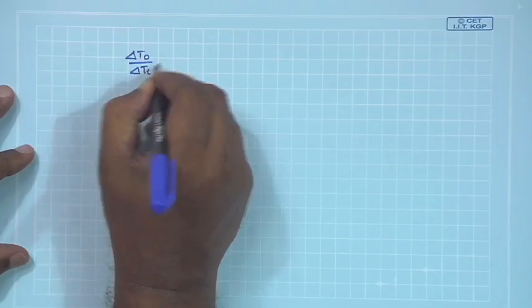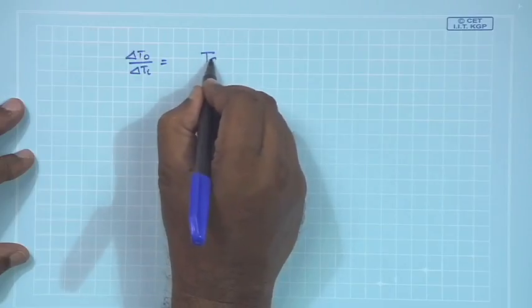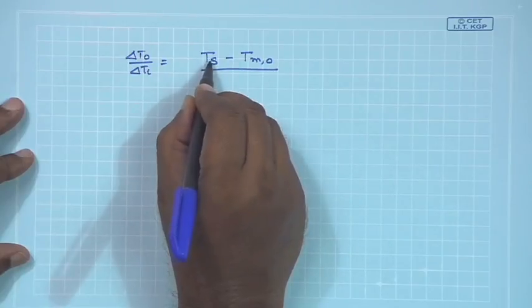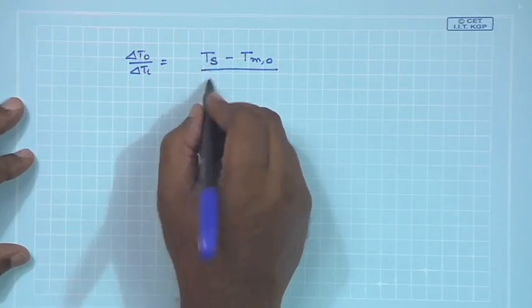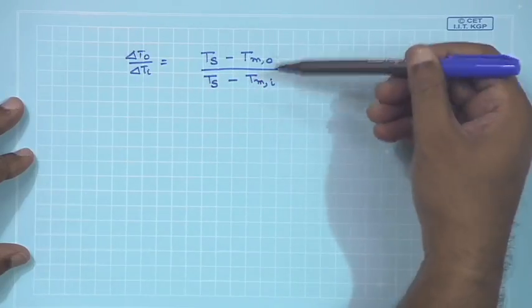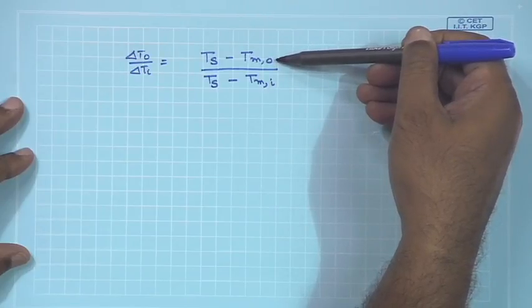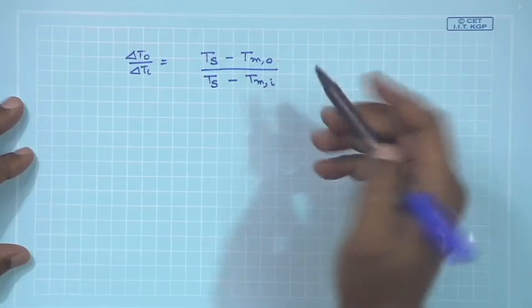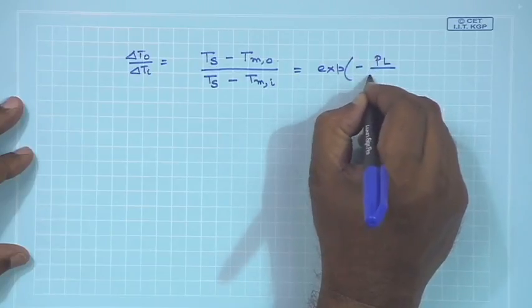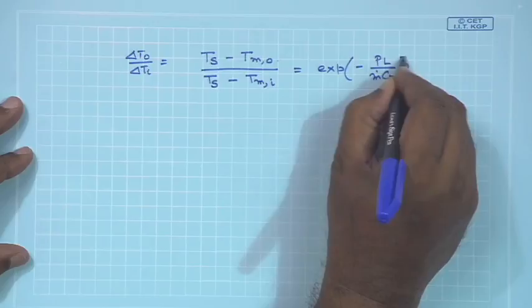Delta T 0 by delta T I, which by definition is T s minus T m at the outlet, where T s is the constant surface temperature, and delta T I is T s minus T m at the inlet. So, this is the temperature difference between the flowing fluid and the tube wall at the outlet and at the inlet. This is simply going to be exponential of minus P L by m dot C p times h bar. So, that is the relation.